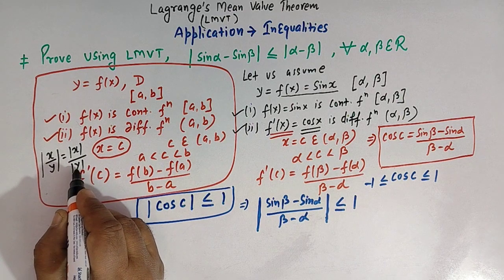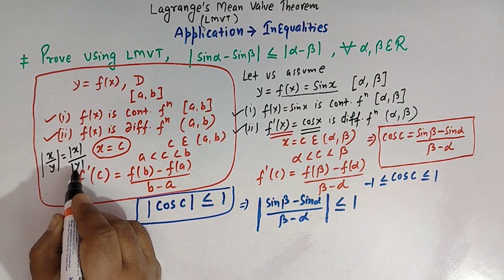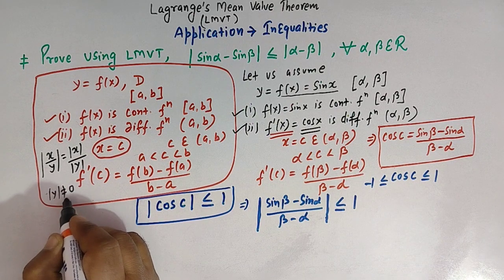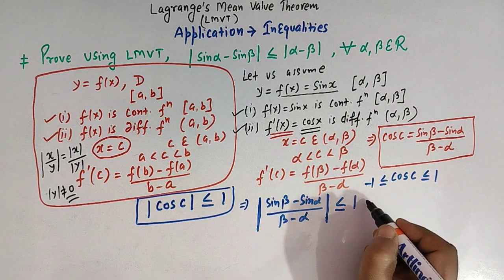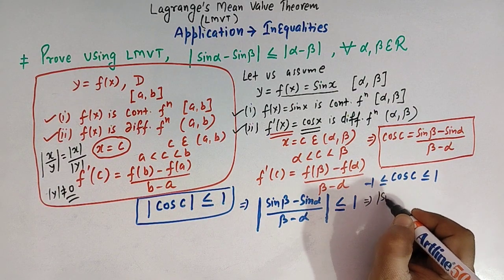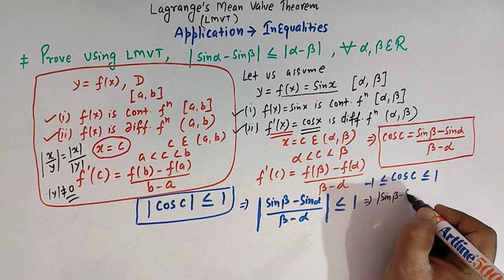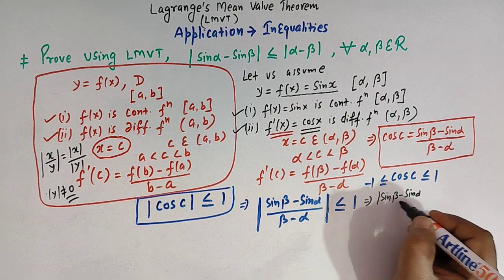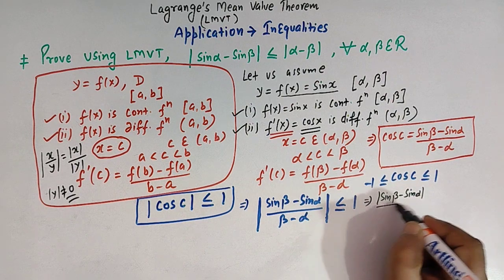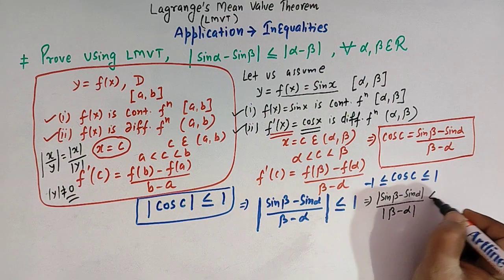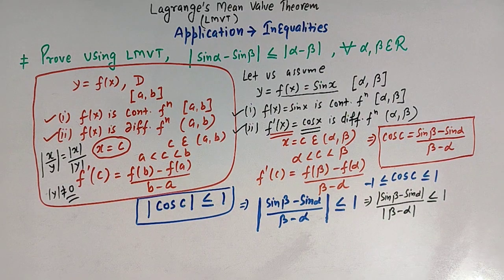And obviously y is not equal to 0, so mod of y is not equal to 0. So here if we apply this result, we'll get mod of sine beta minus sine alpha divided by mod of beta minus alpha, and here we have less than or equal to 1, right?